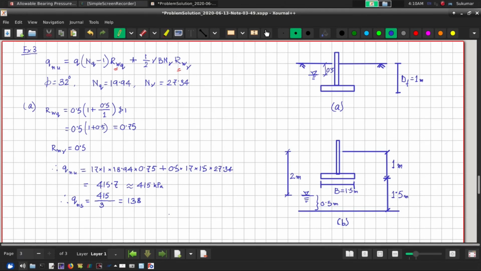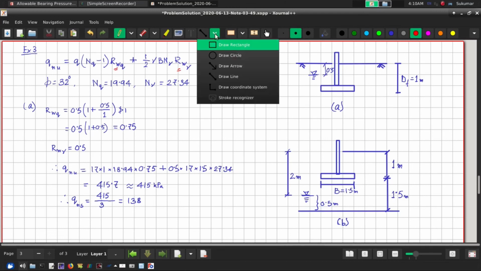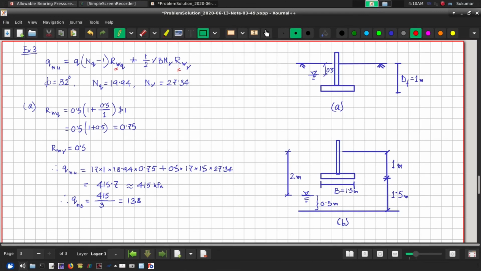So this is how the water table affects our bearing capacity.